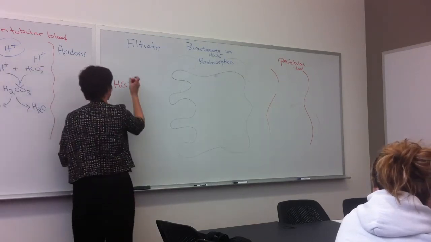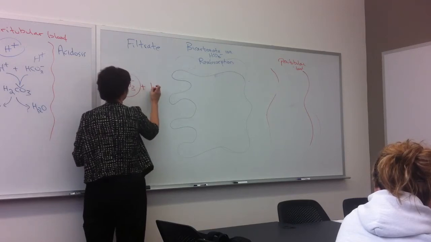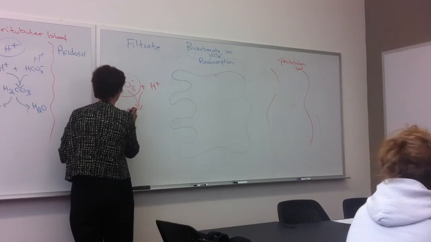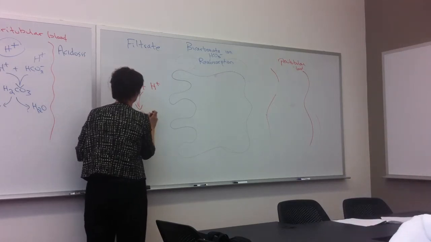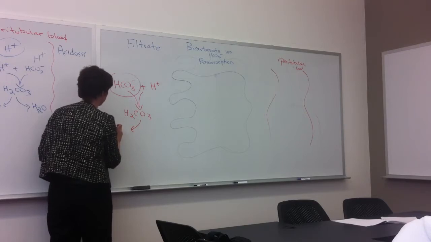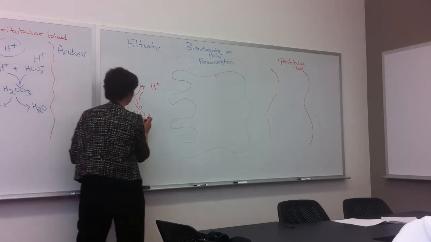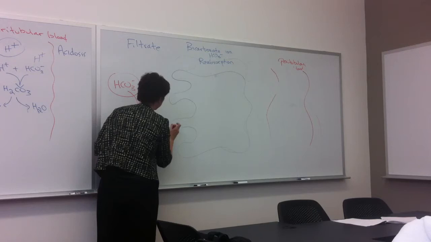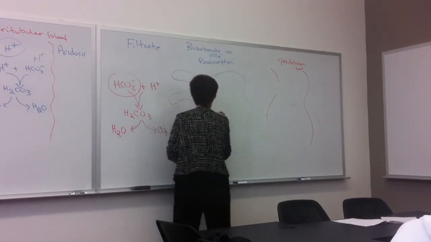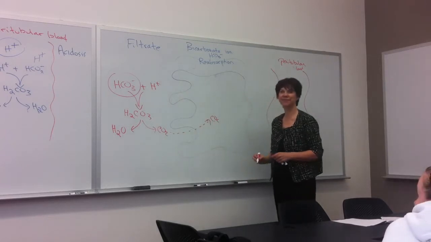Okay? So this plus a hydrogen ion forms carbonic acid that dissociates to form water and CO2 which diffuses into the cell.